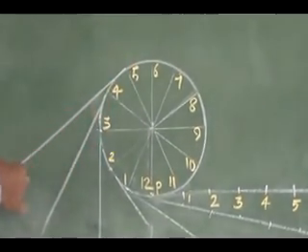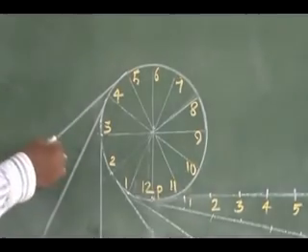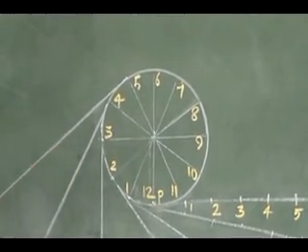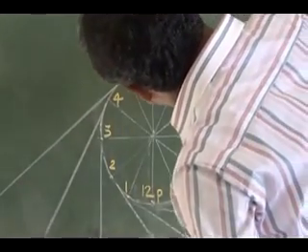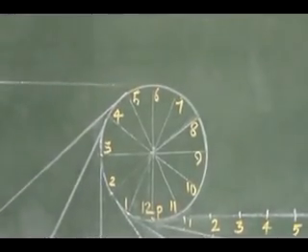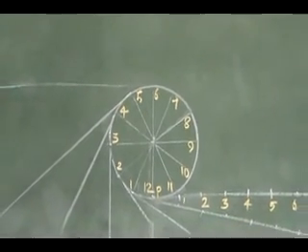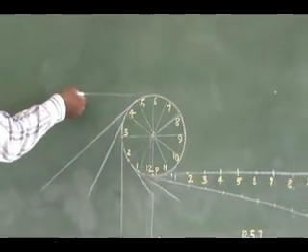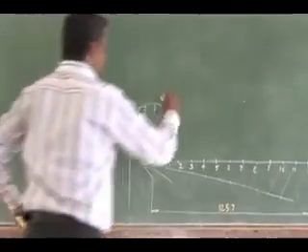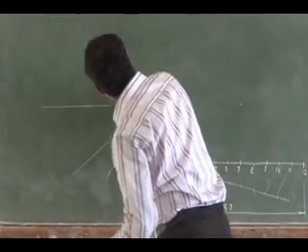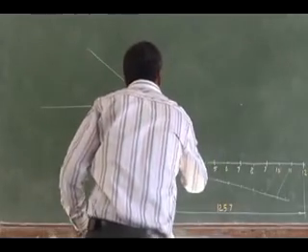For 5, carefully using your drafter, you have to draw this tangent line. Here, 6 is perfectly horizontal, so this is my tangent line for 6. For 7. For 8.